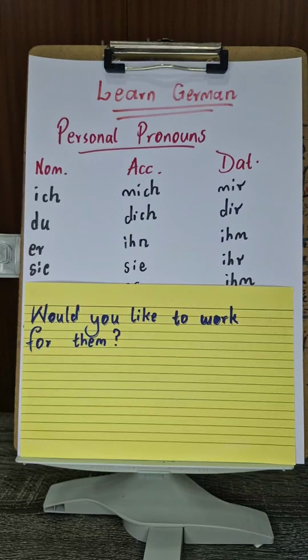So the first person to score this, we should give them a shout out and also a mention, right? Now, as you translate, be careful on the verb positioning and also the ending, right? Would you like to work for them?